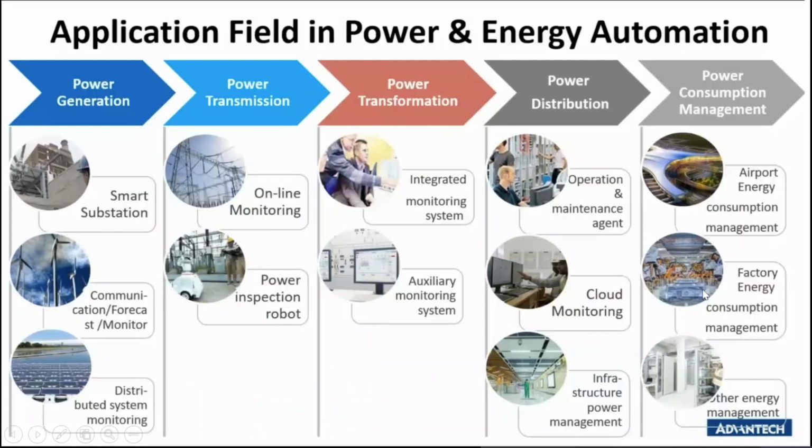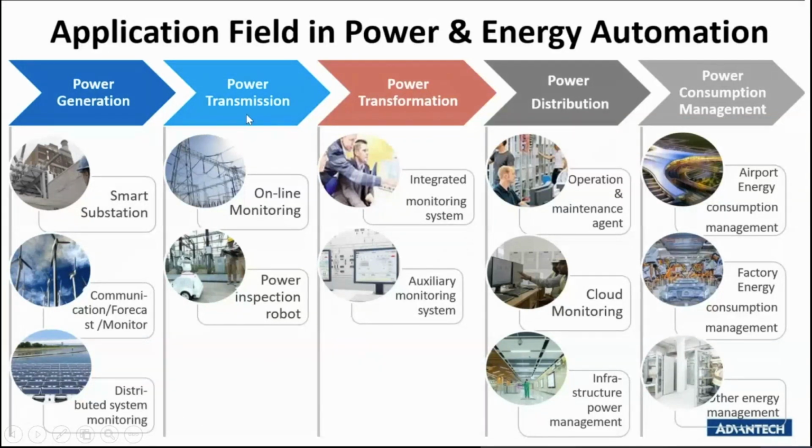Okay, so where are the applications for power and energy automation? As you can see here, from power generation, power transmission, power transformation, power distribution, down to power consumption management, there are a lot of applications. For example, for power generation, we can have smart substations, communications and forecast and monitoring systems, and distributed system monitoring.